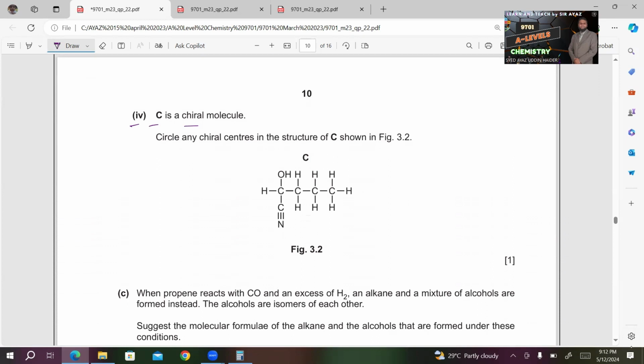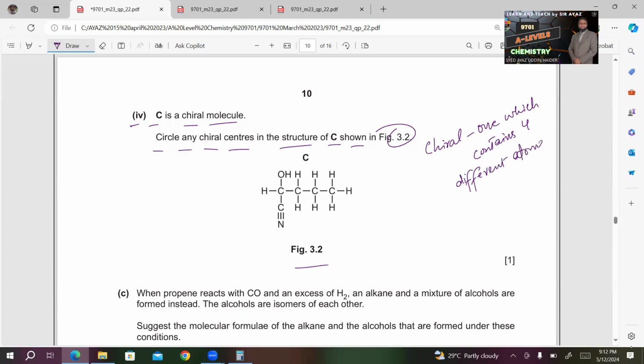Number 4, C is a chiral molecule. Circle any chiral centers in the structure of C shown in figure 3.2. This is figure 3.2. What is a chiral molecule? Chiral is one which contains 4 different atoms or groups attached to it.